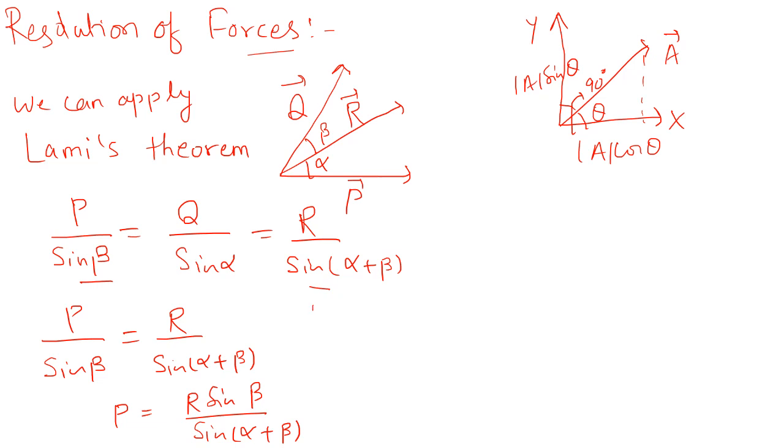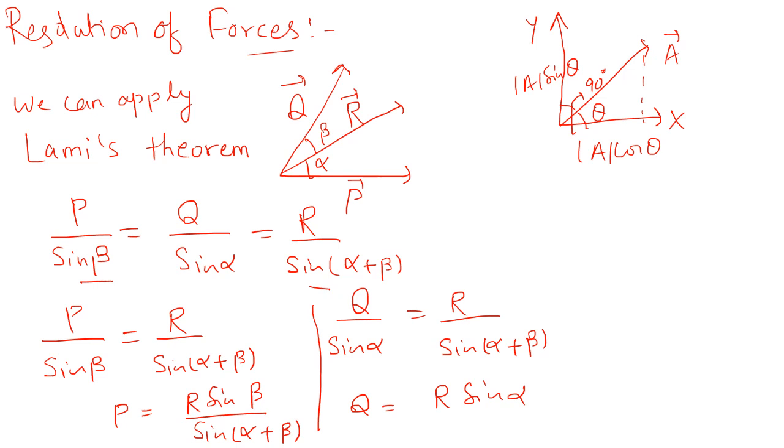Similarly, you can obtain the relation Q upon sine alpha equal to R upon sine alpha plus beta. So Q is R sine alpha upon sine alpha plus beta.